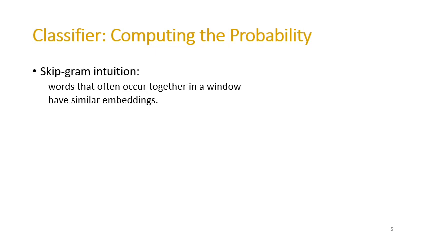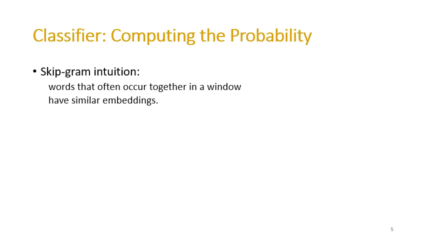Well, word2vec uses the skip-gram intuition. This intuition says that words that often occur together in a window should have similar embeddings. Let's say tablespoon and apricot appear together a lot, so this intuition says that their vectors should be similar.